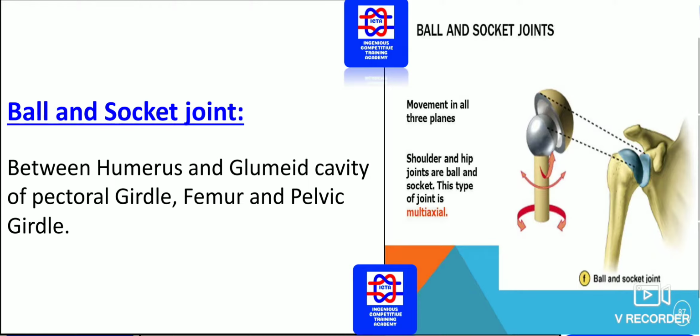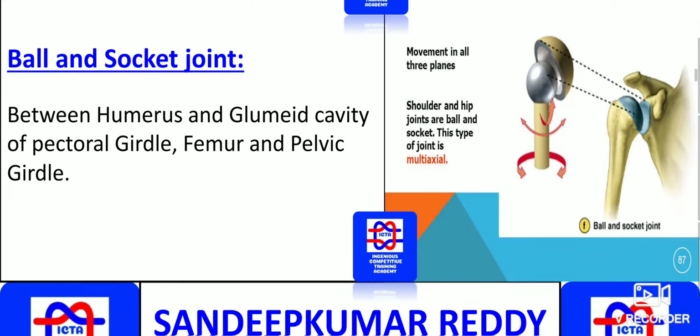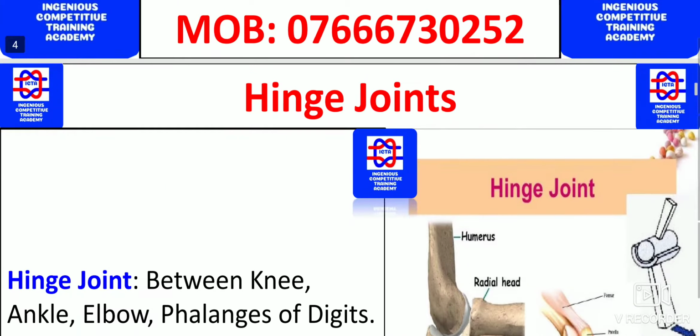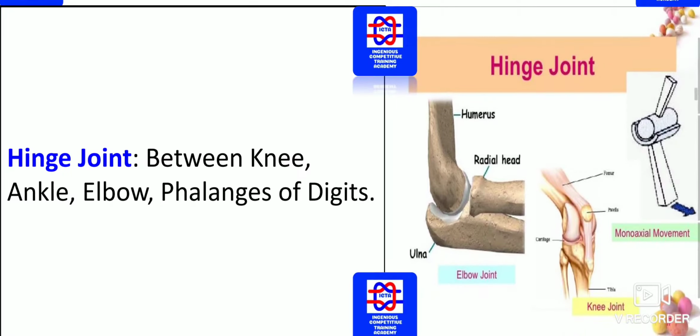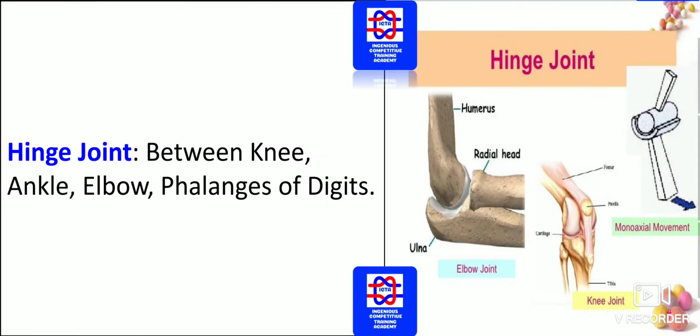Please go through the figure that has been given. This is between the humerus and glenoid cavity of the pectoral girdle, and the femur and pelvic girdle. I hope these videos with figures will be helpful for cracking jobs. You may be asked where exactly the ball and socket joints are located, and the answer is the shoulder and hip portion.